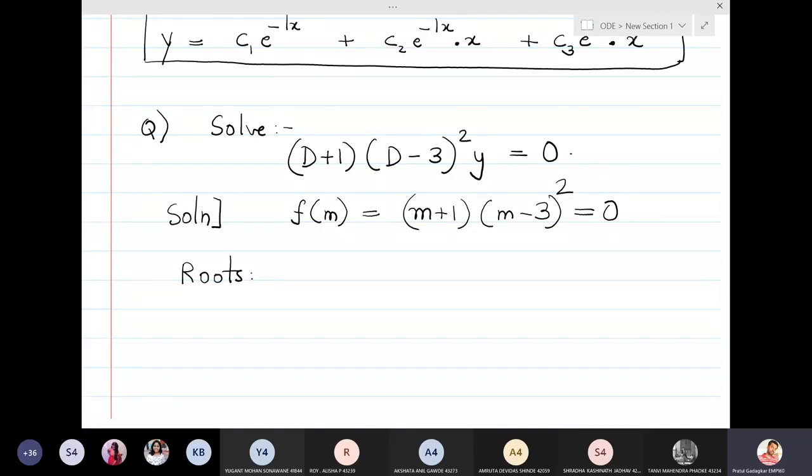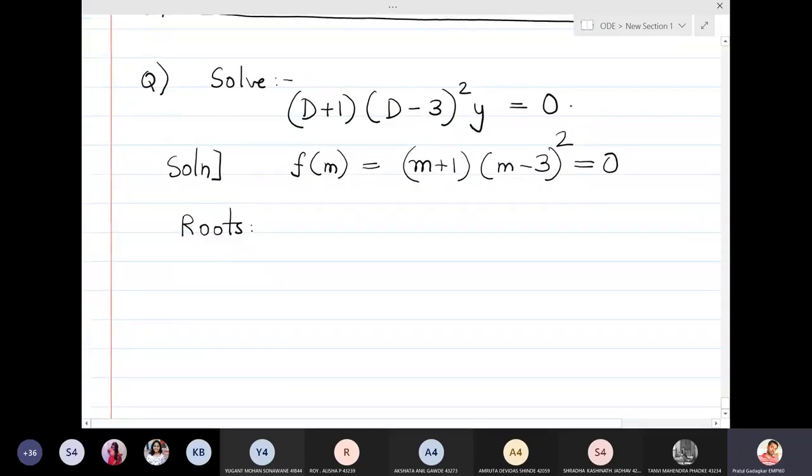If I get two distinct roots, m1 and m2, different roots, then c1 e raised to m1x, c2 e raised to m2x. This is what I write for different roots. If repeated, we attach x, x square, and we continue this story. Now in this particular example, what is happening?